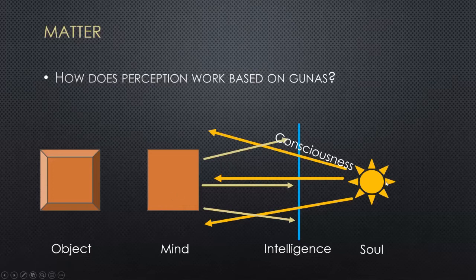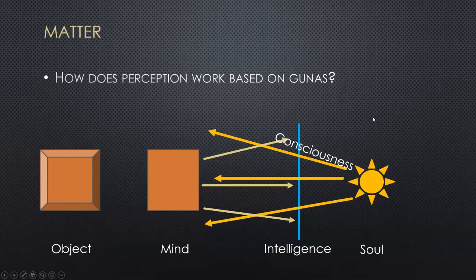And the soul shines consciousness on the mind. This mind then, because of its shape, reflects this onto the intelligence, and then the soul is able to perceive what is shown on the intelligence.